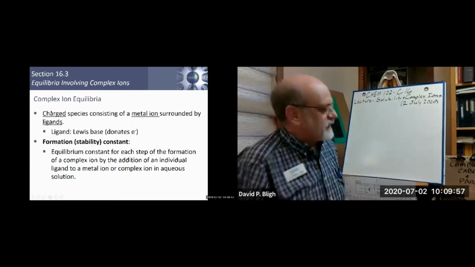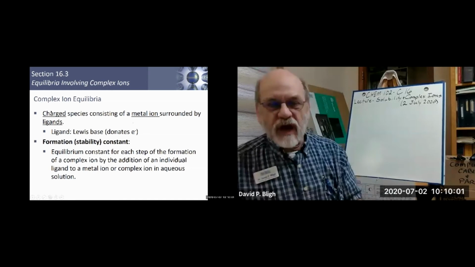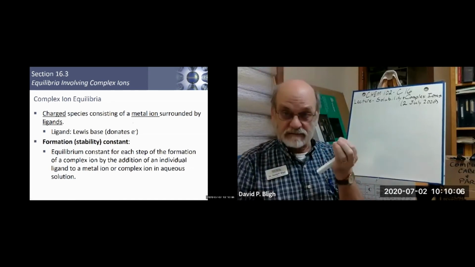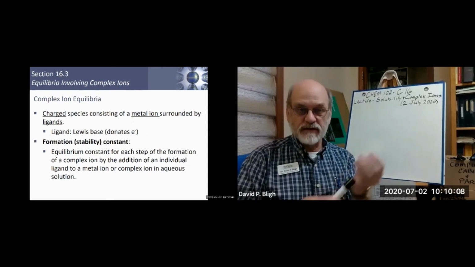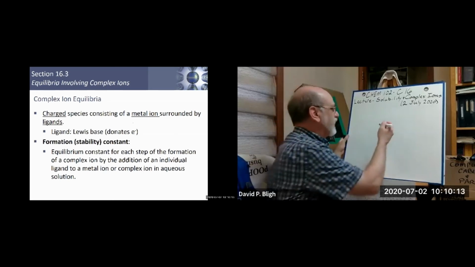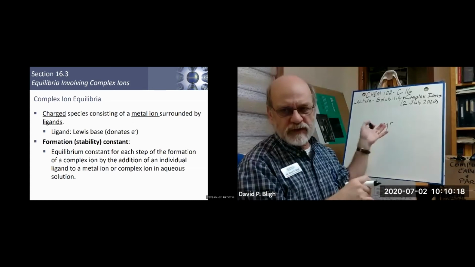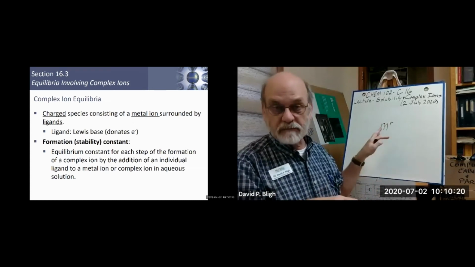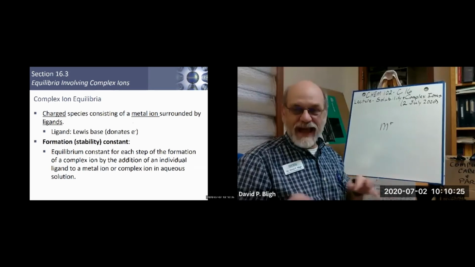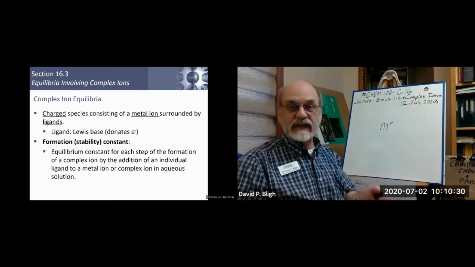Now let's talk about complex ions. What is a complex ion? All right, you need a metal ion as the central ion. It's in the middle, some metal ion. It may be +1, +2, +3, whatever, but it's a metal ion. And then you react it in a solution that provides ligands.